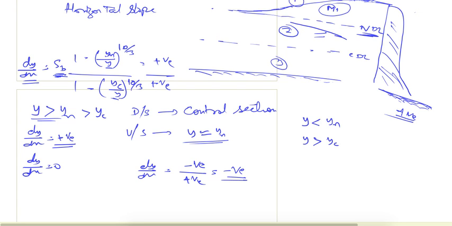And in the downstream, what will happen? As it is falling, at some point it will be equal to the critical depth line.